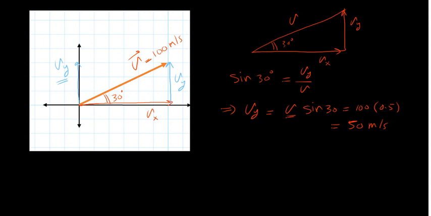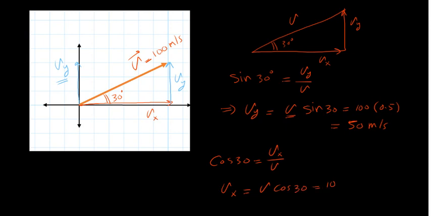Same thing. Let's go and say, all right, what about cosine 30 degrees? The cosine is the adjacent, which is the x component, over the hypotenuse, which is the V. From here, I will say the x component of this vector, or Vx, is going to be V cosine 30.